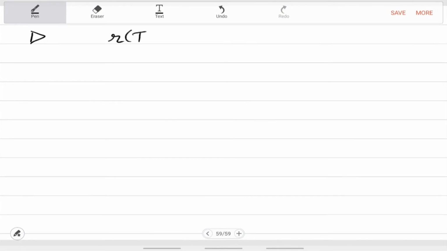The rank of the matrix multiplication tensor for n cross n matrices over a ring R is at most how much? N cube, right? That's by definition. And it is at least how much? We have not given a proof yet, but you can show that it's n square.